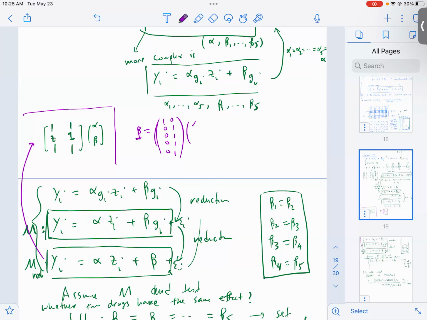This is bad notation. Let's write it as alpha and QC, a different notation, not confused with beta. So this is beta, this is the constant. 1, 0, 0, 1. So that would be my Z, that would be my gamma.